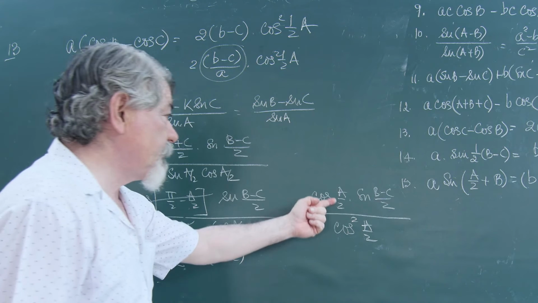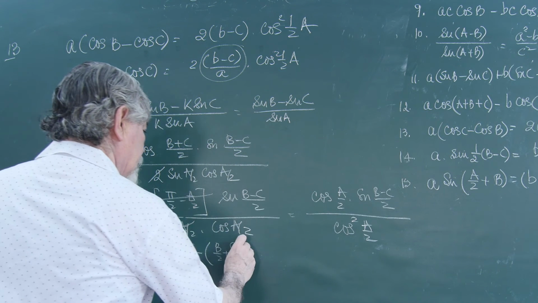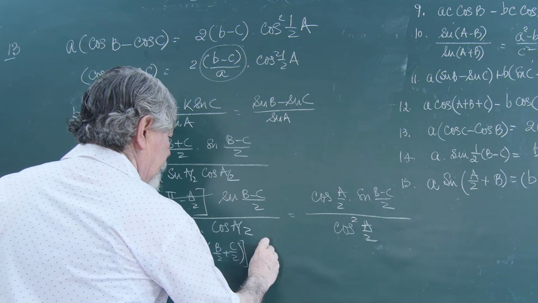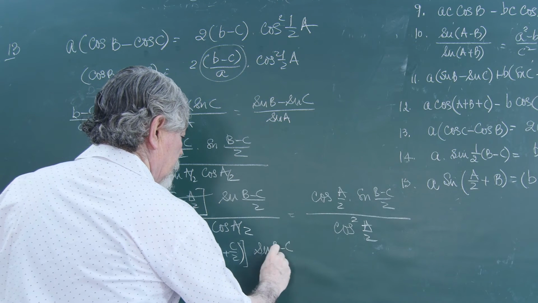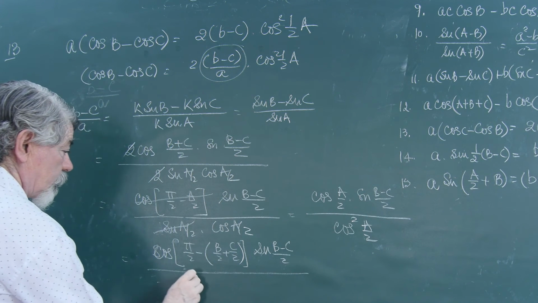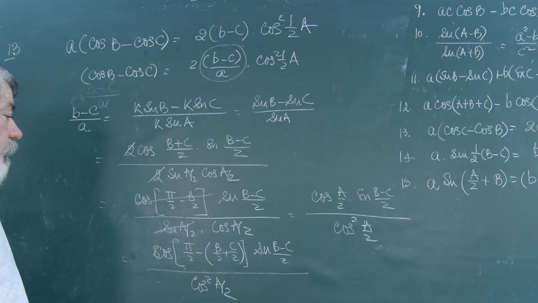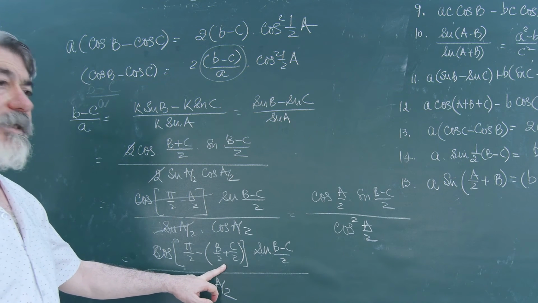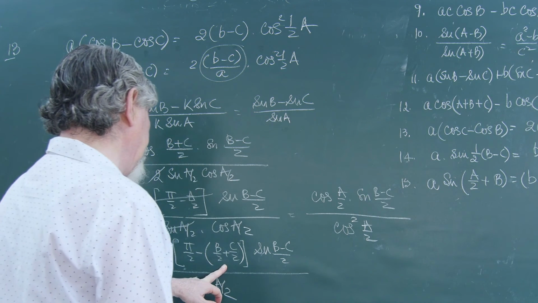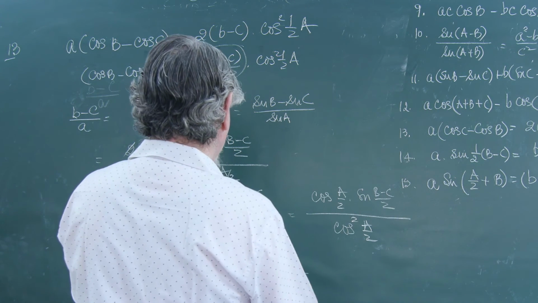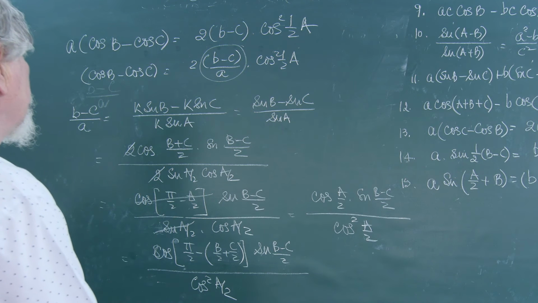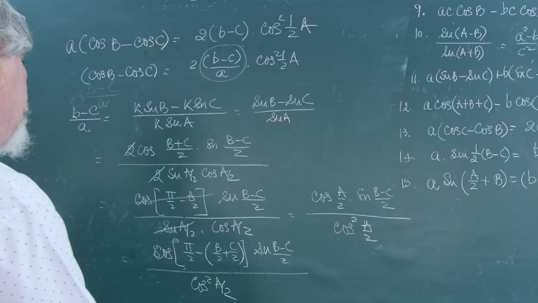So in place of a by 2 I can replace it like this, and it became sine (b minus c) upon 2 upon cos square a upon 2. Now cos (pi by 2 minus theta) will become sine theta.